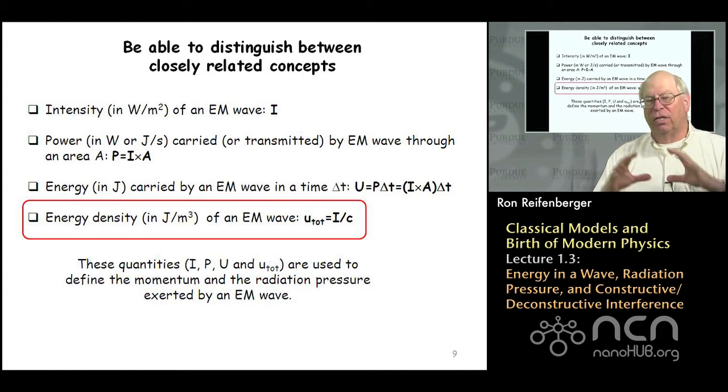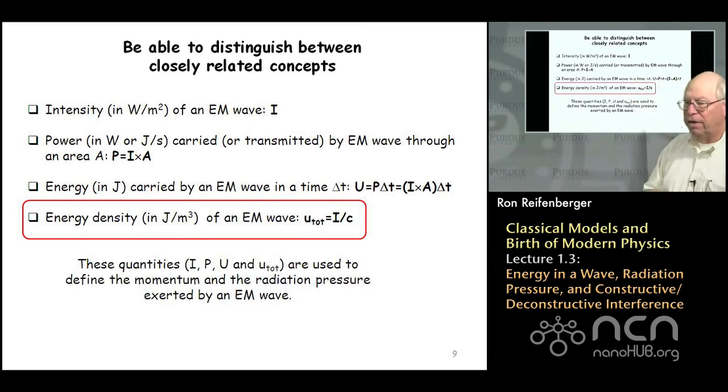So for instance, you can tell the power transmitted by an electromagnetic wave if you know the intensity of the wave and the area A that the wave illuminates. The power carried in an electromagnetic wave is just the product of the intensity times the area which that wave falls upon.